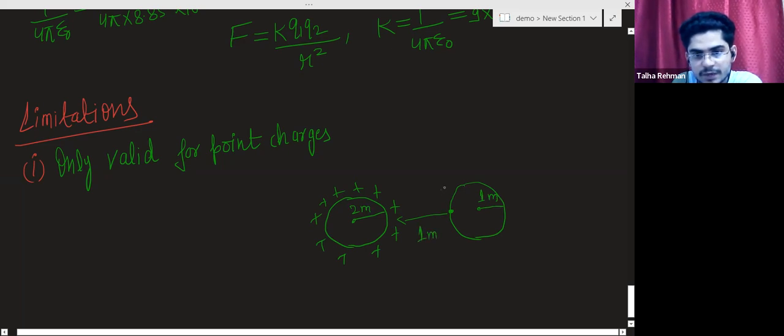This is positive, this is also a positive charge. Suppose this is Q1 and this is Q2. Can you apply here K Q1 Q2 by R square? Can you apply here or not?